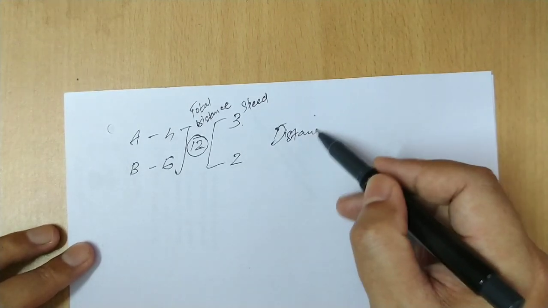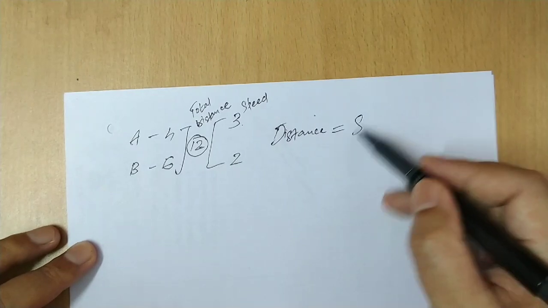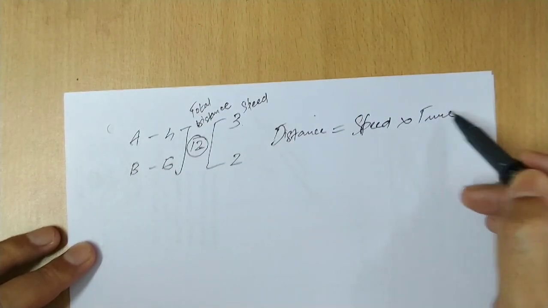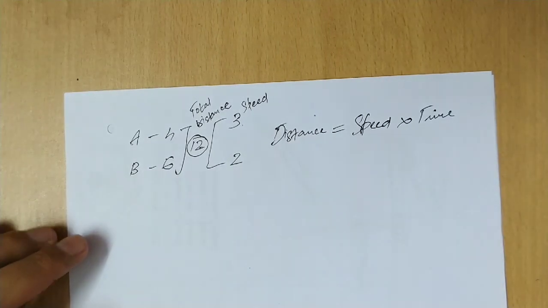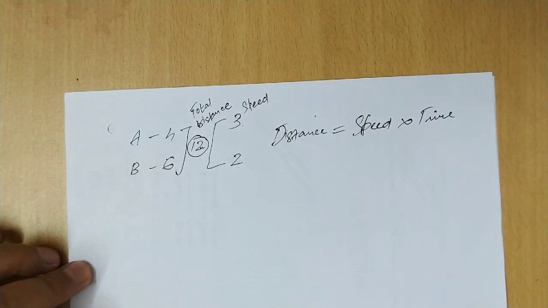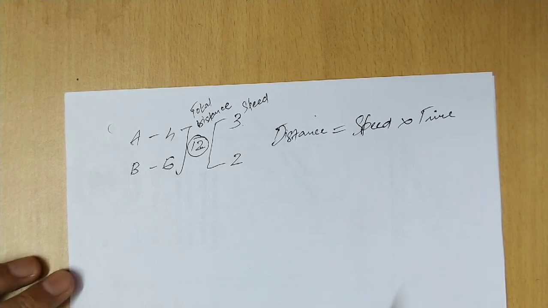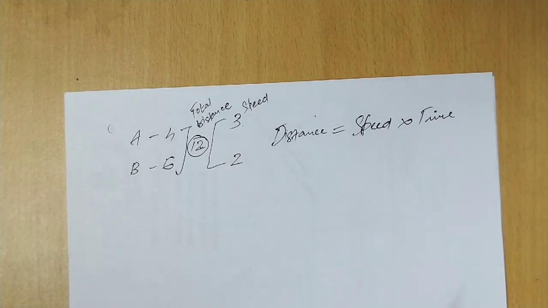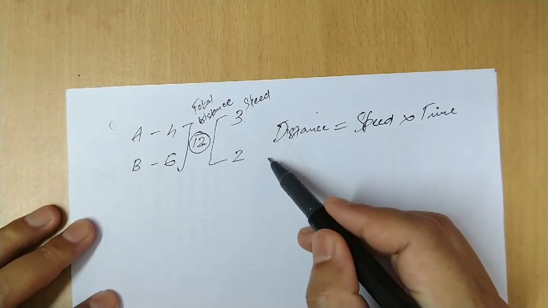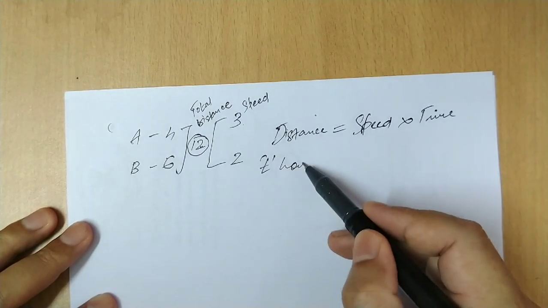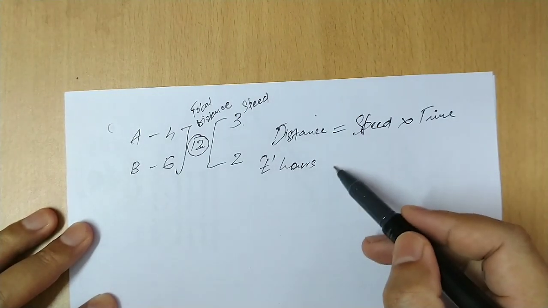Total distance is equal to speed into time. So in this question we need to find how much time is required for the two candles to be in the ratio 2:3. So let's say T hours is taken.